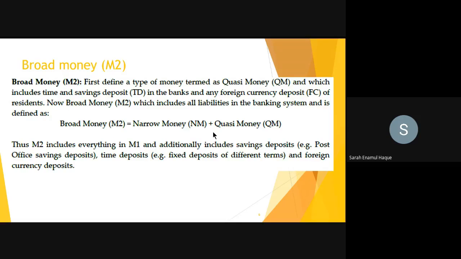DPS is an example of quasi money. FDR, fixed deposit, these are all your quasi money. And at the same time, if you have any foreign currency deposit, that is also part of your quasi money. So your narrow money, that is M1, plus saving deposits, time deposits, and also foreign currency deposits, the money that you have in those forms, that will be calculated in broad money. So you just add them up and you get the broad money.